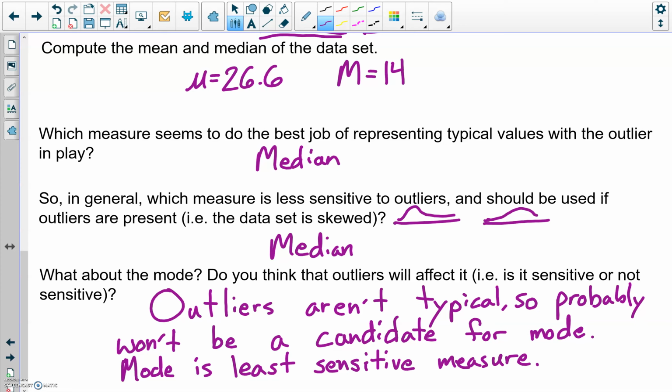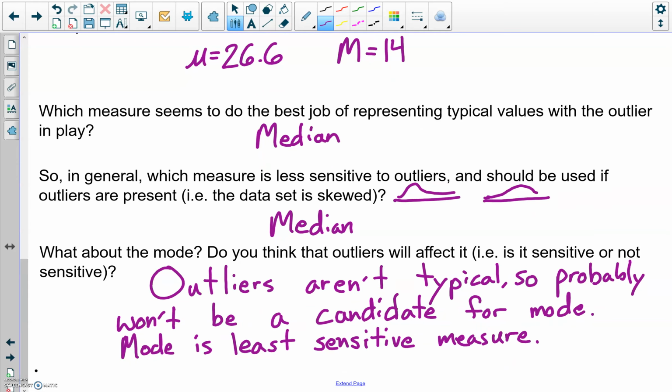You add an outlier in there and the mean just is like, oh, I'm going to go over there near that thing. I'm going to get pulled towards it. Super sensitive to change whenever an outlier is put in there. The median can shift a little bit maybe, but not a whole lot. When you start adding new data values in there, outliers, the middle might shift a little, but it's not going to move too much. But the mode, probably not going to move at all.